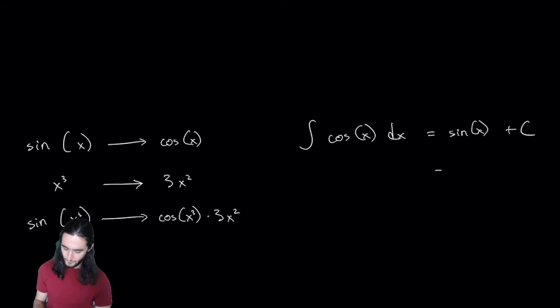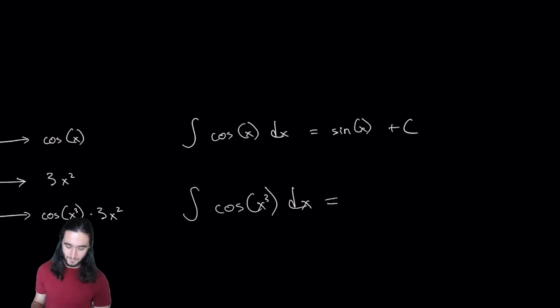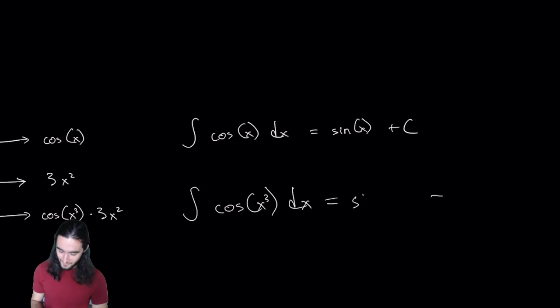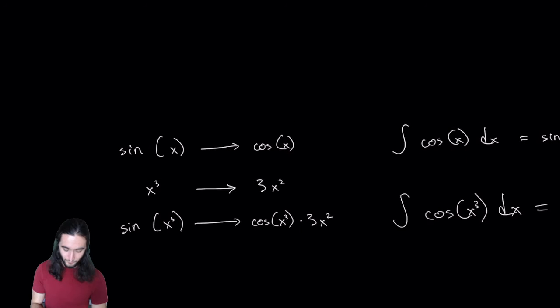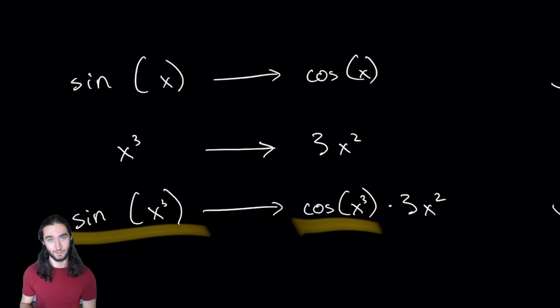So if you see the integral of cosine of x cubed, it's very tempting to say, oh, well, that's easy. Integral of cosine is sine, so that's just sine of x cubed. But that's wrong. You can see that the derivative of sine of x cubed is not cosine of x cubed.